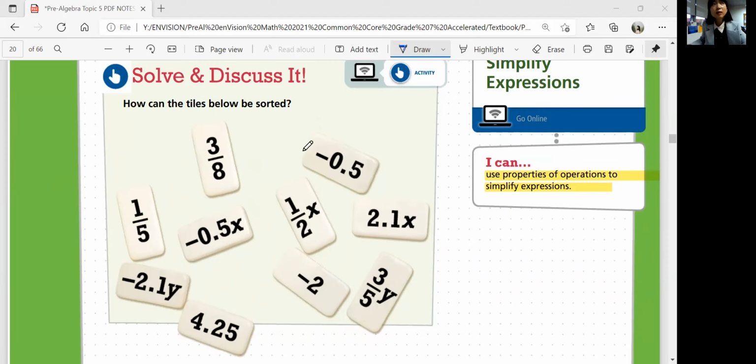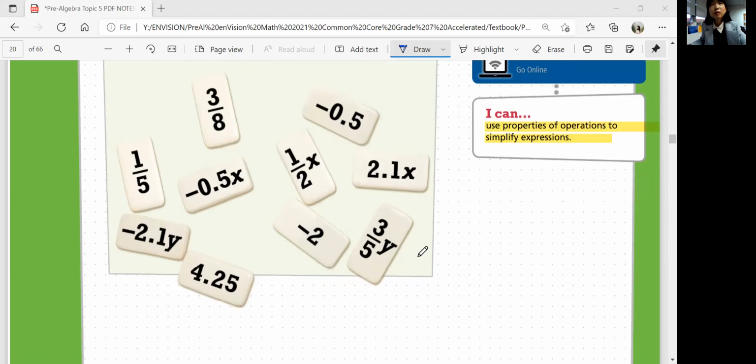We got some constants. We got some variables with constants. We got negative constants. So if you can group things with similarities, that would be great. So you notice the negatives.